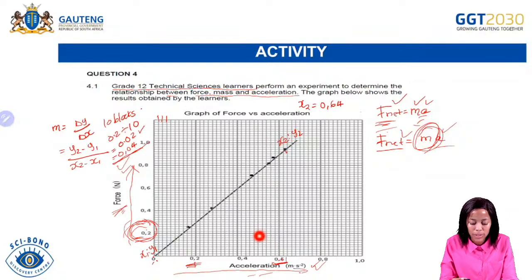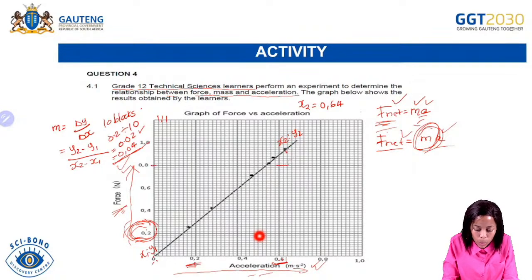0.02. So each and every block that you see is represented by 0.02. From there you are looking for the exact value in terms of the y-axis. How do you get to that exact value? You count from the closest one, which is 0.8, how many blocks you have going up.